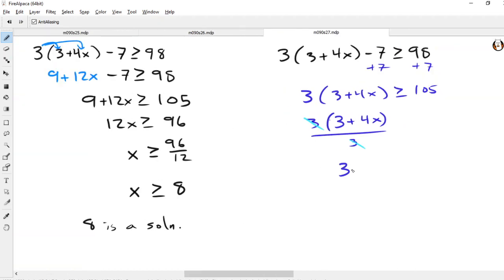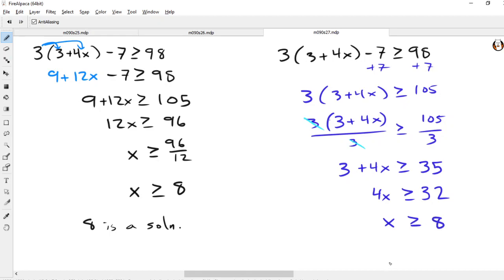And what we'll have is just 3 plus 4x. Meanwhile, over here, I've got 105, and I'm dividing that by 3. That gets me, let's see here, 3 goes into 10 3 times, 3 goes into 15 5 times, 35. Subtract 3 from both sides, so 4x is greater than or equal to 32, which means that x is greater than or equal to 8. We get the same solution.